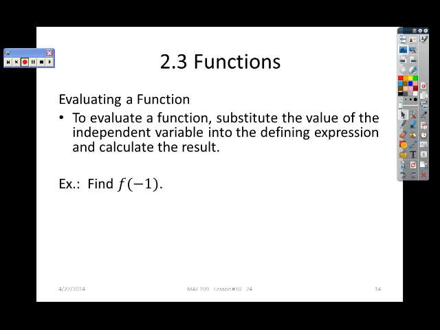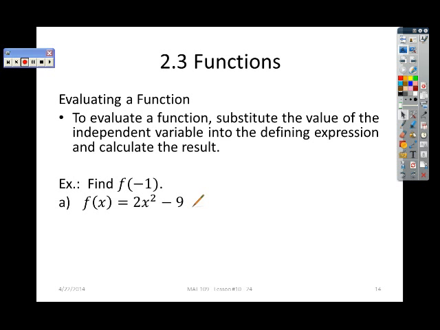For instance, if you're asked to find f of minus 1, that's the way you'd state it, that means that if your function is defined this way, that looks just like we had on the previous page, f of x equals a defining expression. x is our independent variable, f is our function name.